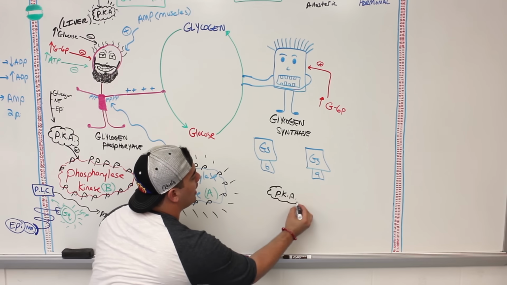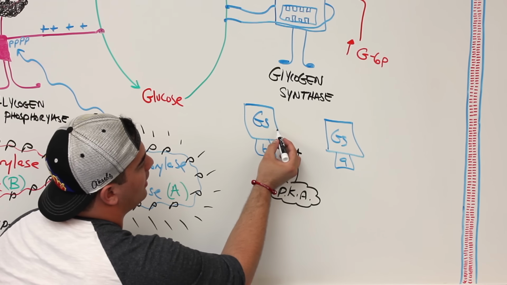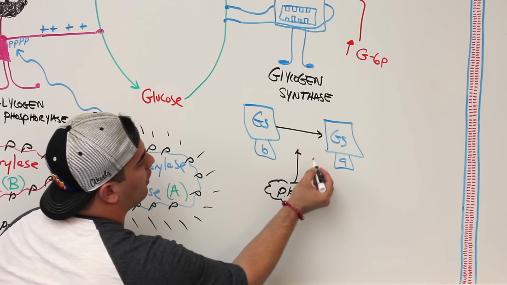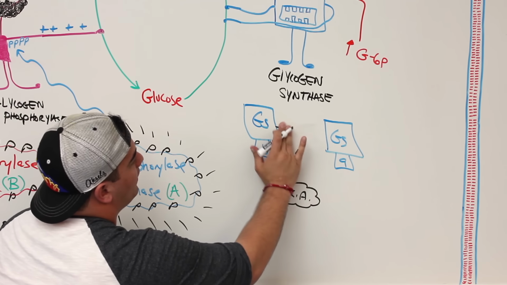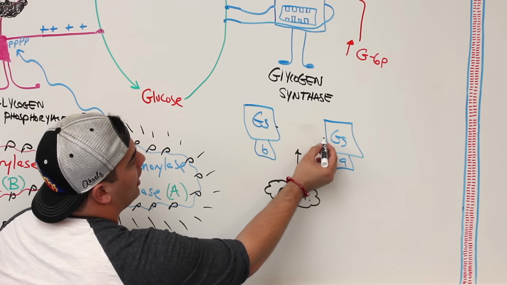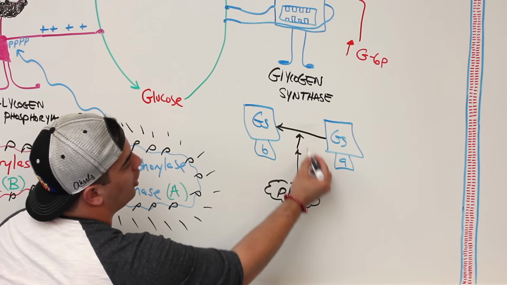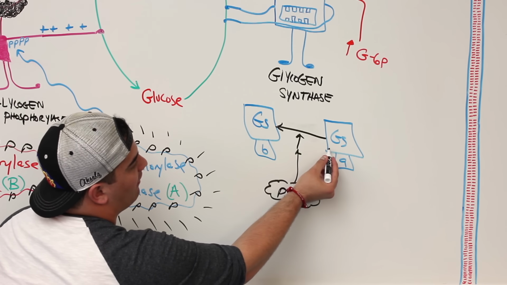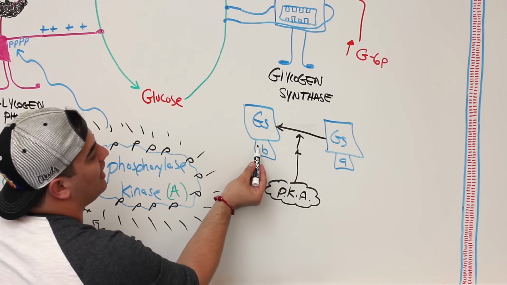If that protein kinase A phosphorylates this glycogen synthase that's in the B form and converts it into the A form. Sorry, this is not going to happen. It should actually be the opposite. If this glycogen synthase is in the active form and it gets phosphorylated by protein kinase A, it converts it into the inactive form.